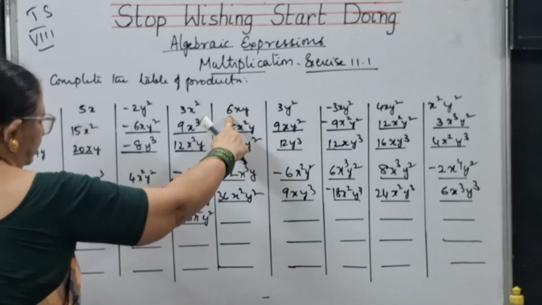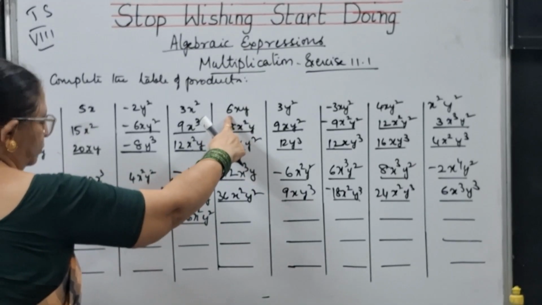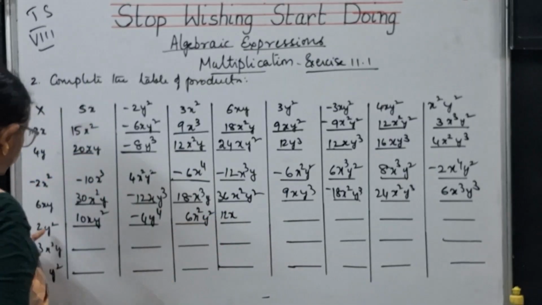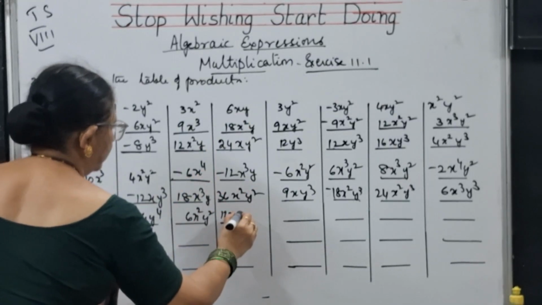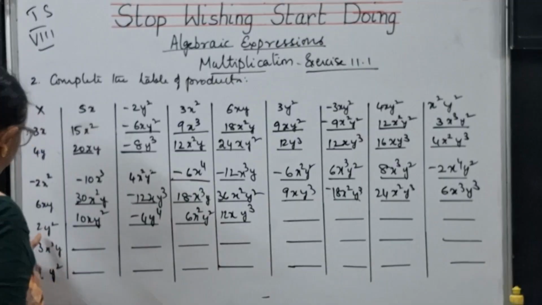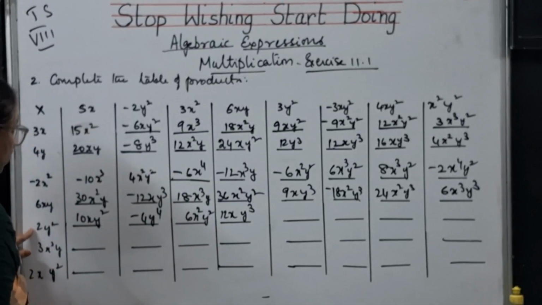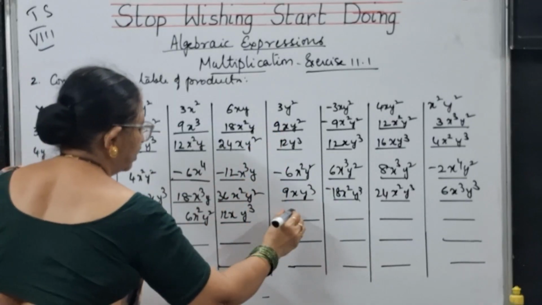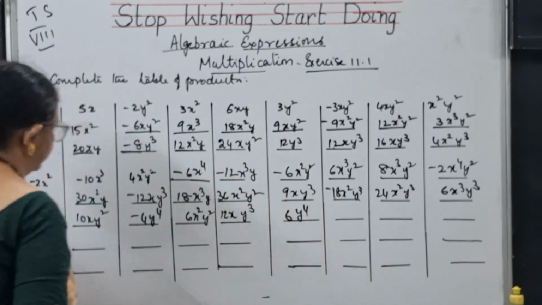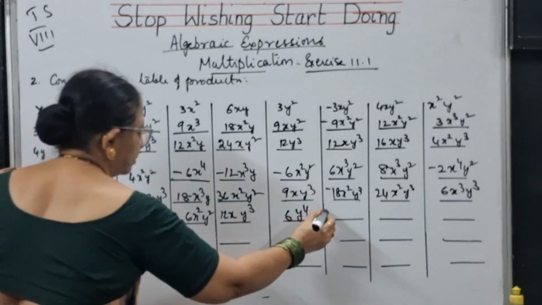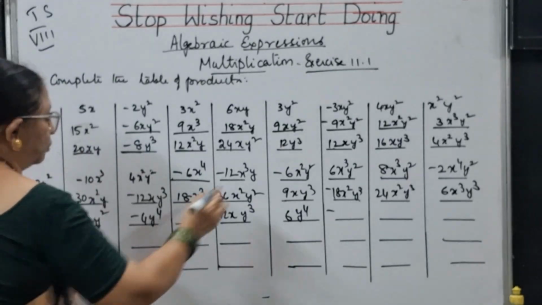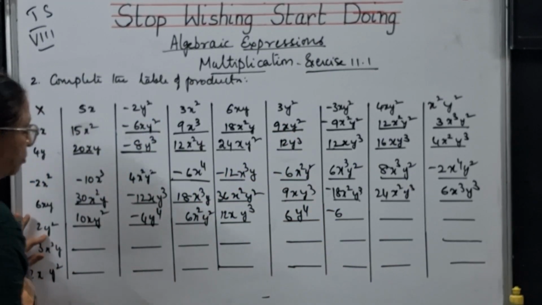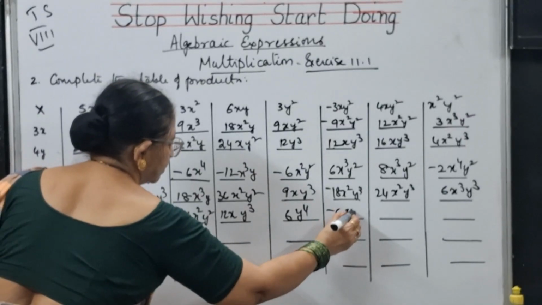Again, 2 6 are, signs are plus, so plus, 2 6 are 12 x y square into y cube. Again, positive sign, 2 3s are 6 y square into y square, y to the power of 4. Again, minus into plus minus, 2 3s are 6 x y to the power of 4.